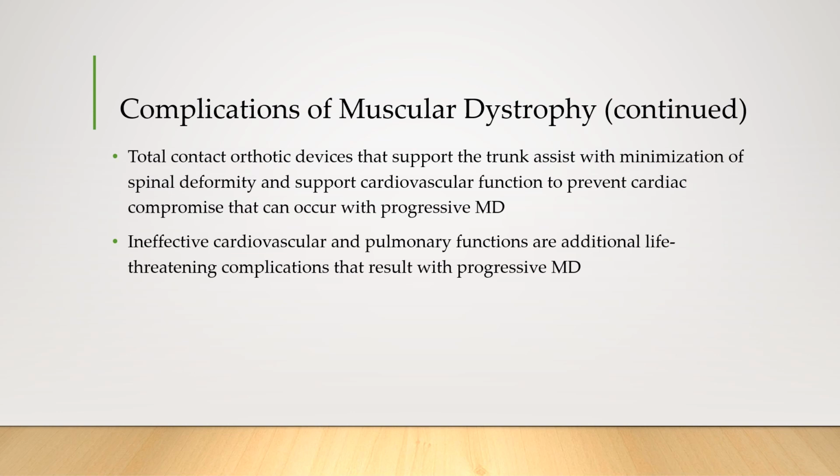Total contact orthotic devices that support the trunk can assist with minimization of spinal deformity and support cardiovascular function to prevent cardiac compromise that can occur with progressive MD. Ineffective cardiovascular and pulmonary functions are additional life-threatening complications that can result with progressive MD.